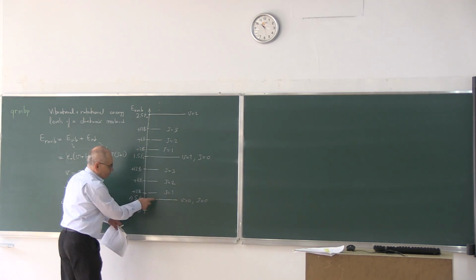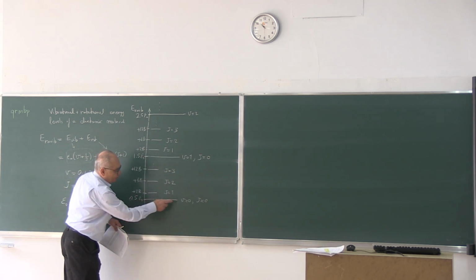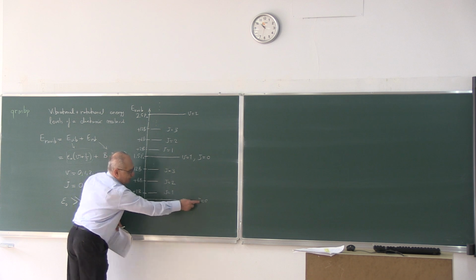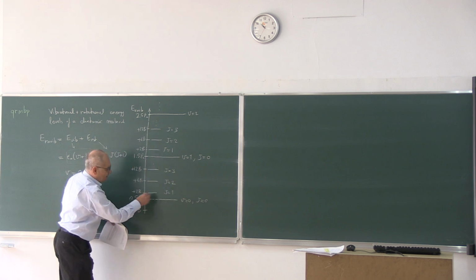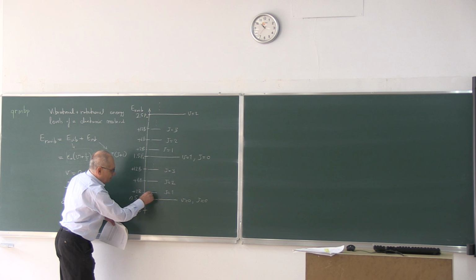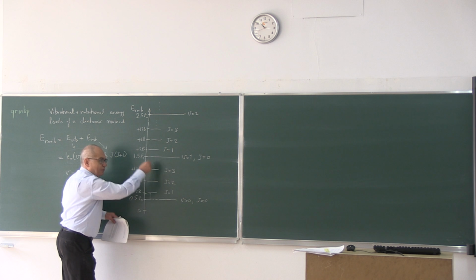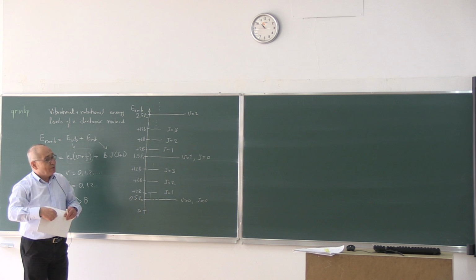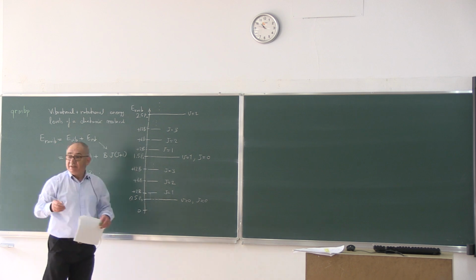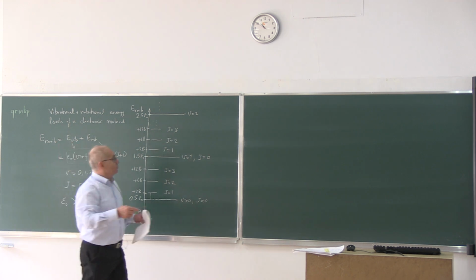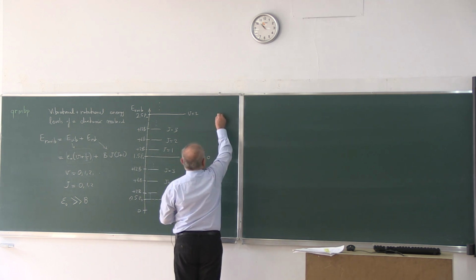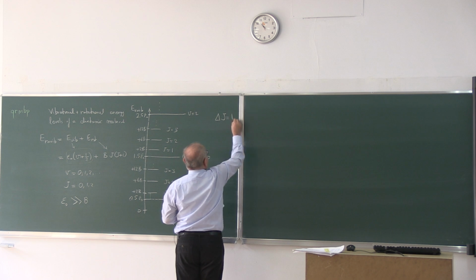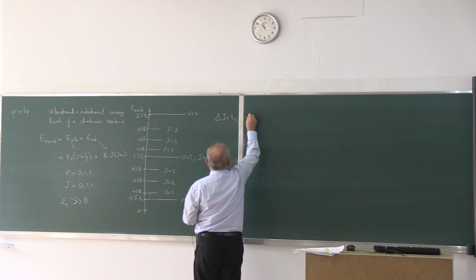For example, molecules in the V equals 0, J equals 0 level can make a transition to that level or to some other higher energy level. But here we have to remember the rotational selection rule. What was it? In a transition, delta J must be either 1 or -1.